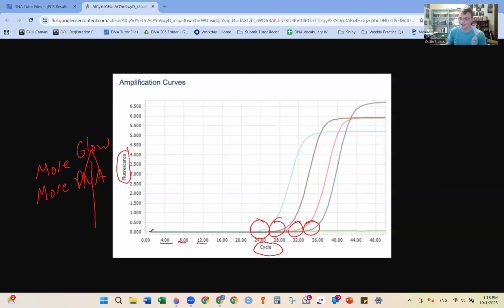The reason for that is there's a lot less magic in the tube than we make it sound in class, right? The fewer starting strands of DNA I have in the tube, the less likely it is that a primer during the annealing step will actually find that DNA strand. It's a hide and seek one. If I'm trying to hunt one guy in a gigantic field, it's going to take me forever to find him.